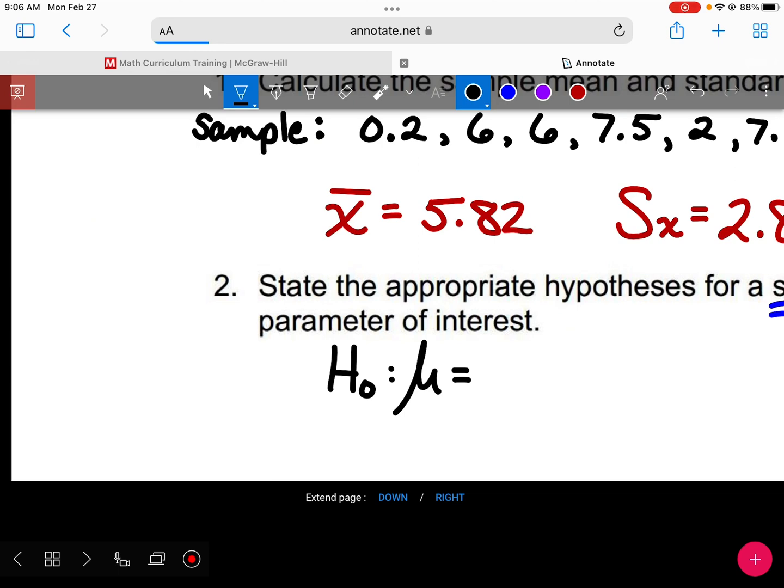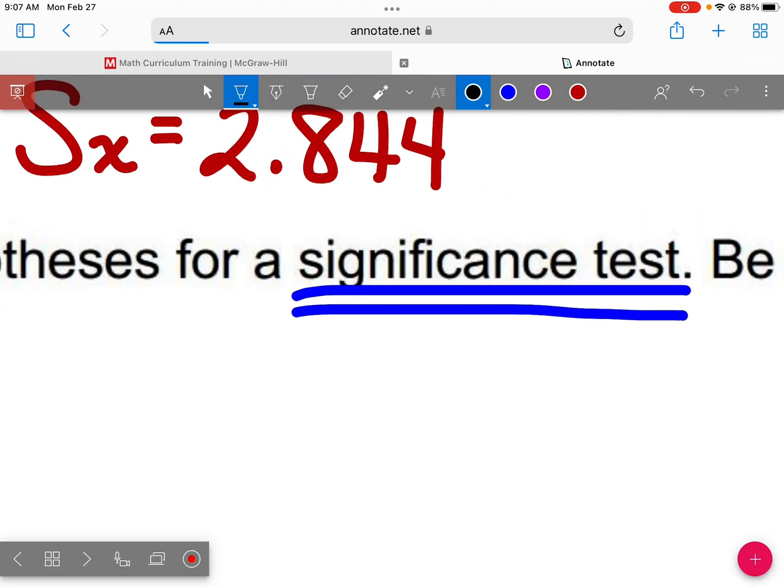Null hypothesis, mu equals. What do you think? Yes, sir. True mean of 8 hours of sleep. Let's define that.